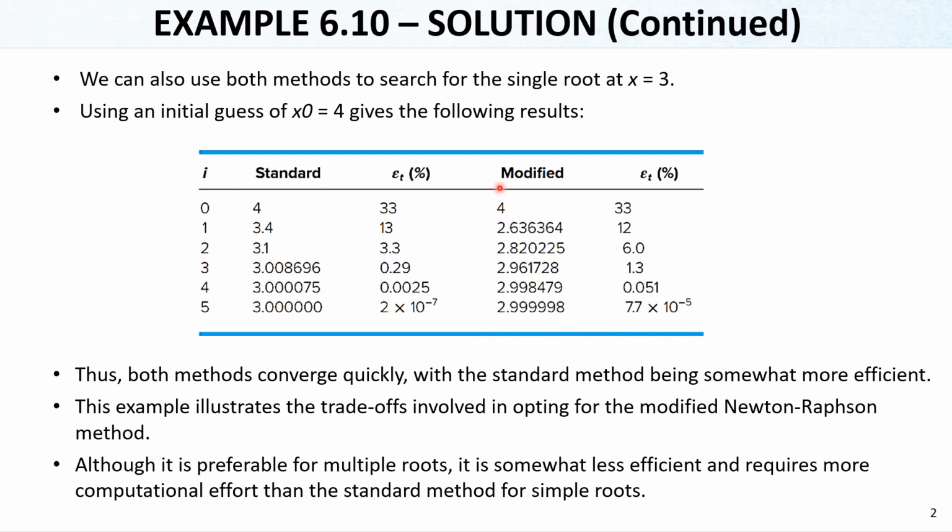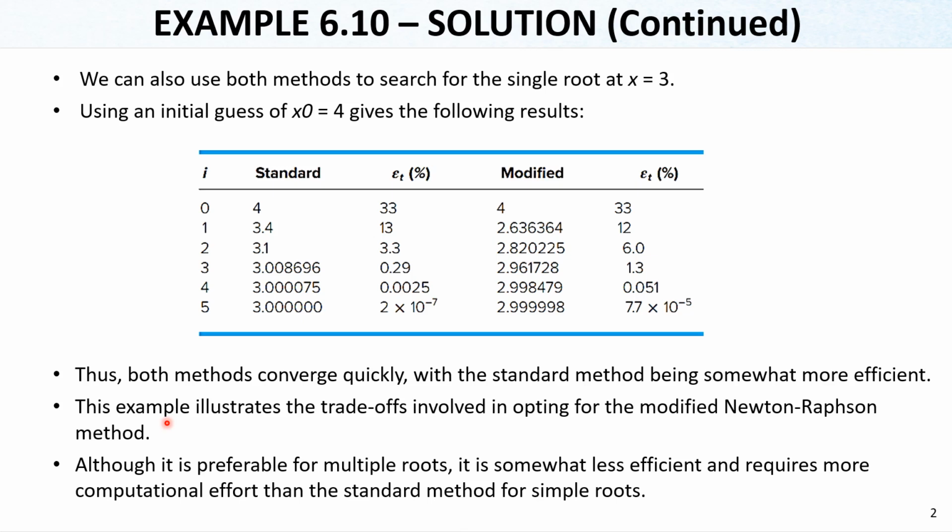So these results are showing that if we are going to a multiple root, modified is faster. If we are going for a single root, the standard seems to be faster. That's why we can say the standard method is somewhat more efficient if we are going to the single root.